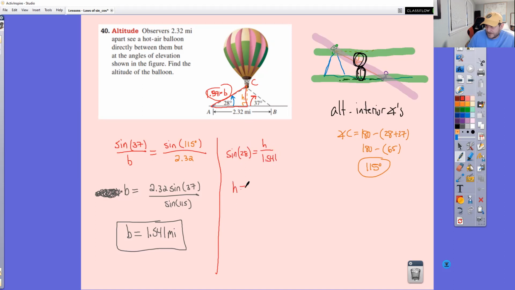So our height is just this answer times the sine of 28. If you use the full decimal expansion of this value, then you get 0.723 in other miles.